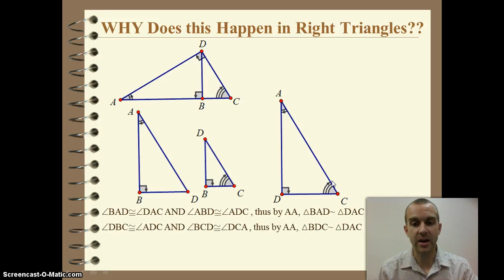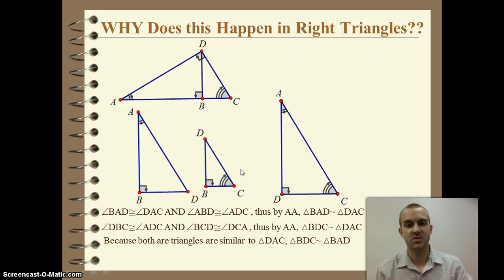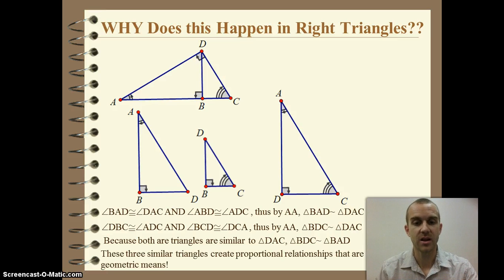So again, angle similarity tells me that BDC is similar to DAC. Now these two triangles are similar to the same triangle. That means these two have to be similar as well, since they're both similar to triangle DAC. So all three triangles are similar to one another, and because of that, we can say that the sides have a proportional relationship, and the way it lines up in our triangle creates these special geometric mean setups that can be very useful in finding missing pieces.